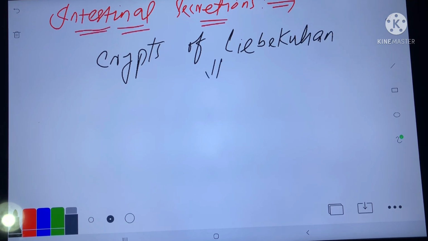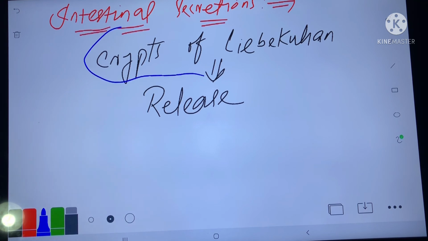This is the place inside the intestine which contains many intestinal cells, and those cells are responsible for the secretion of intestinal secretions.